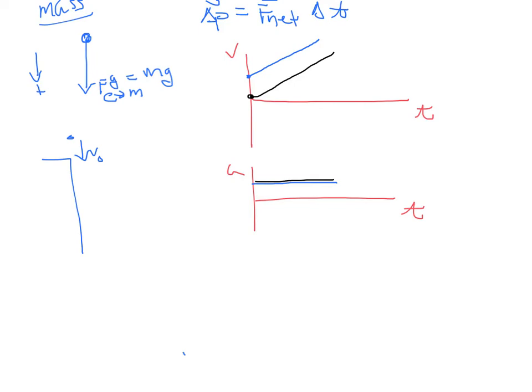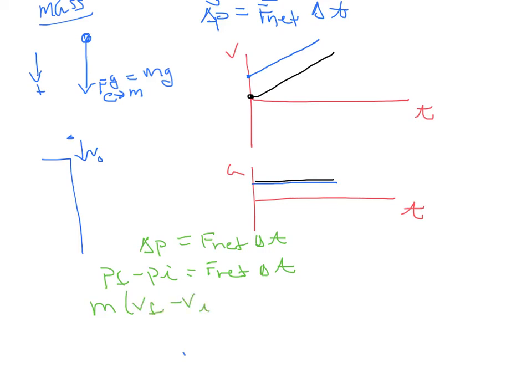Okay, so let's expand the momentum principle out a little bit. Let's remind ourselves again, delta P is equal to F net delta T. But delta P really means PF minus PI. Right? And so this can be written as m(vf minus vi).